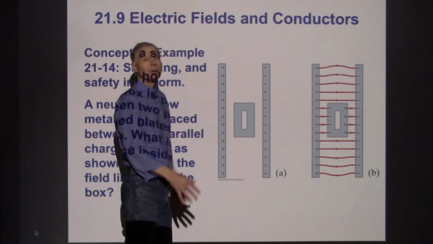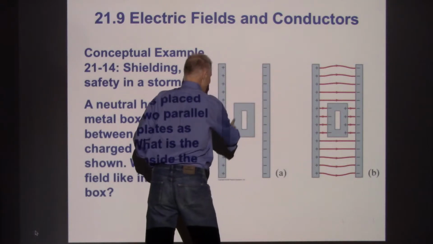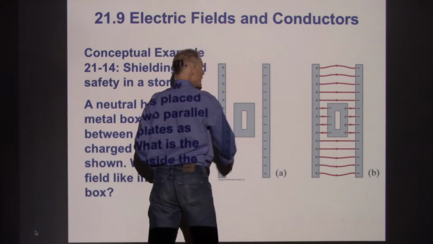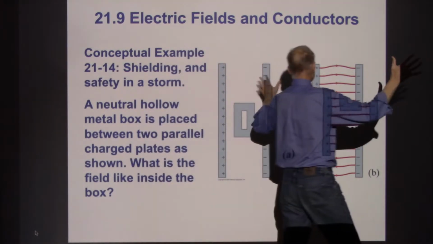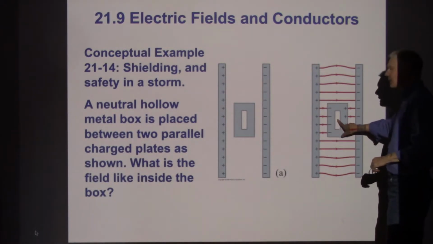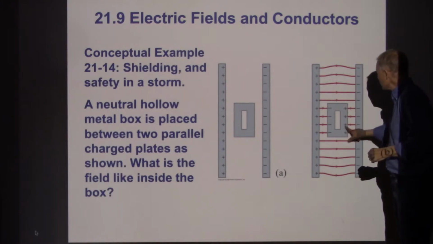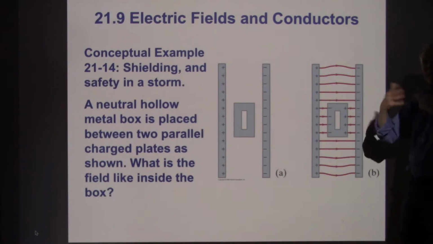So, okay, maybe this is a lightning storm happening, and this is me inside my car driving along, and all of a sudden there are these bolts of lightning. Am I going to be safe inside my car? And you go, yeah, because all the electrons will adapt very quickly.